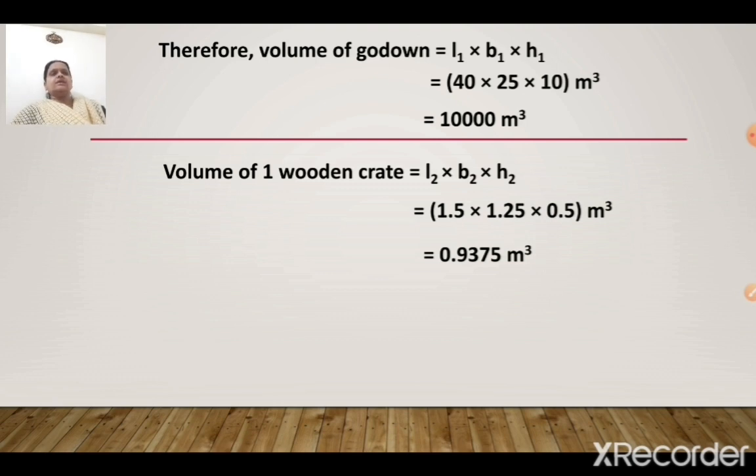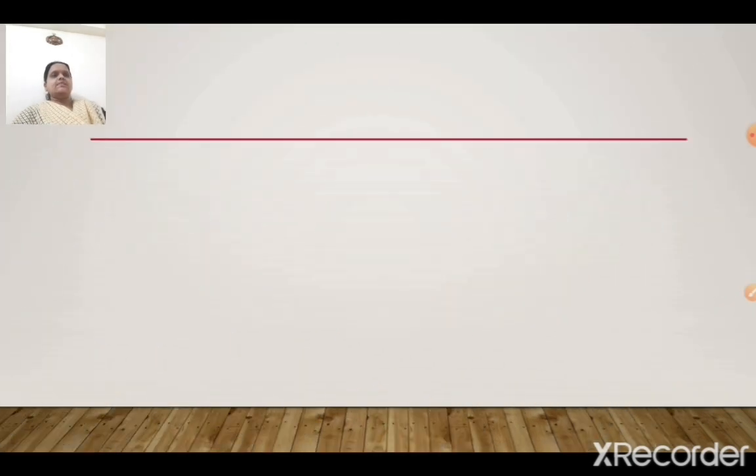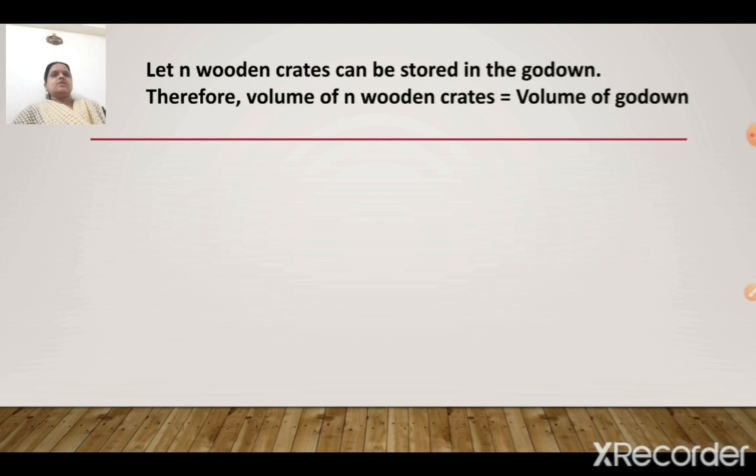Now what will be the next step? We want to find the number of crates. So number of crates is equal to volume of godown upon volume of one crate. That means 10,000 upon 0.9375. So let us see here. Let n be the number of wooden crates that can be stored in the godown. Therefore the volume of n wooden crates equals the volume of the godown.